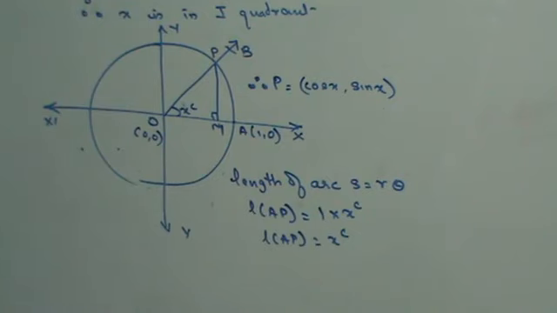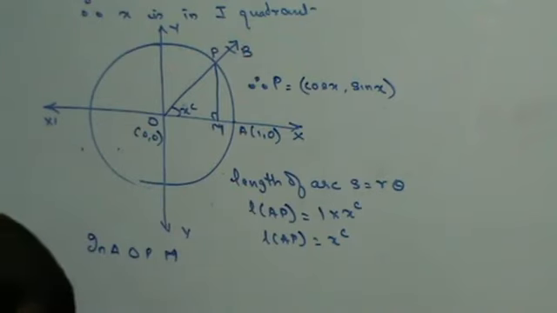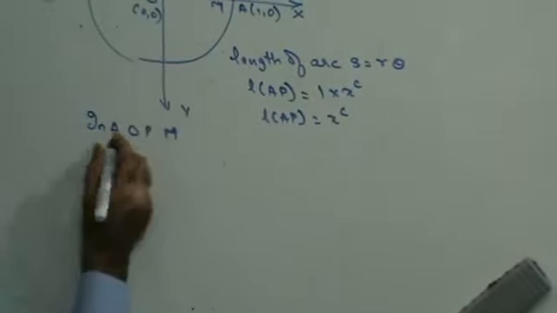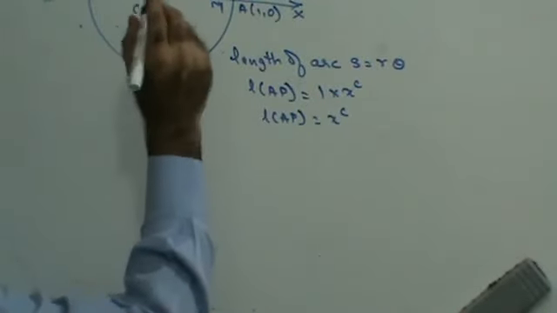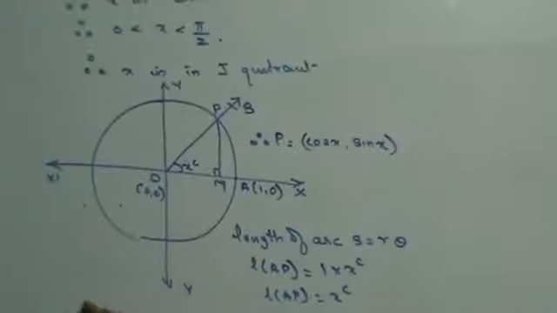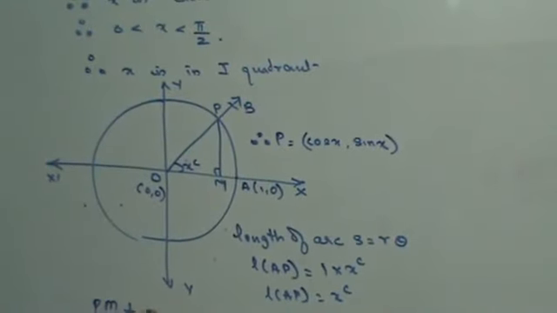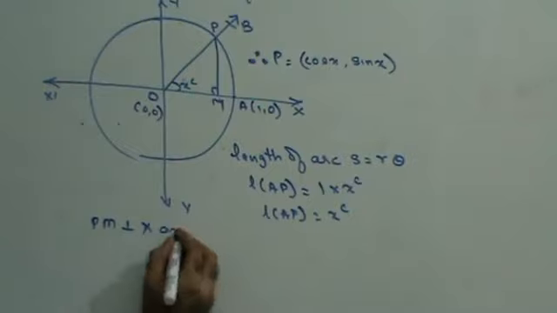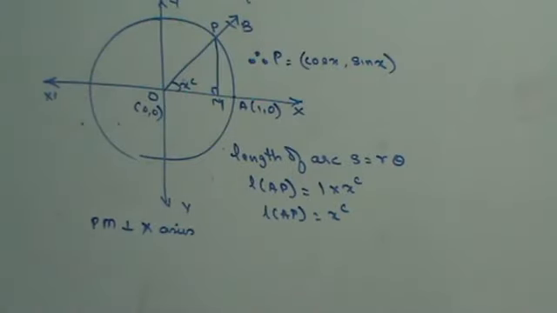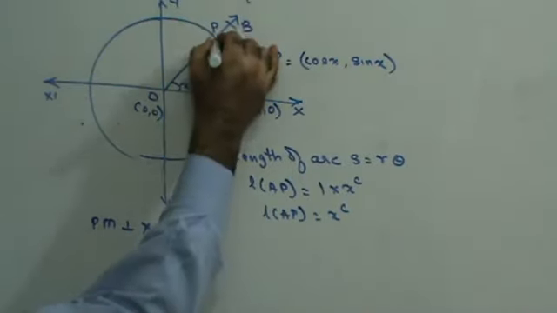Fine. Now let us consider triangle OPM. Before that, let's just complete this diagram. We've dropped PM perpendicular to x axis, right? Now join PA.